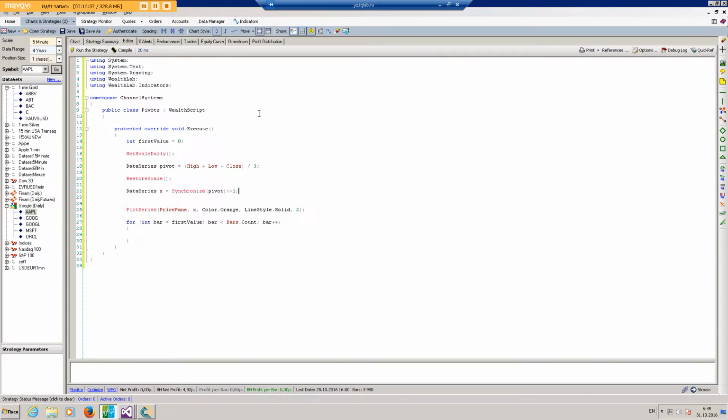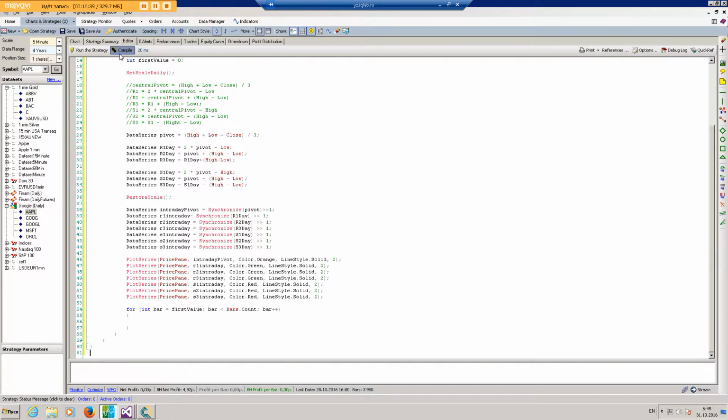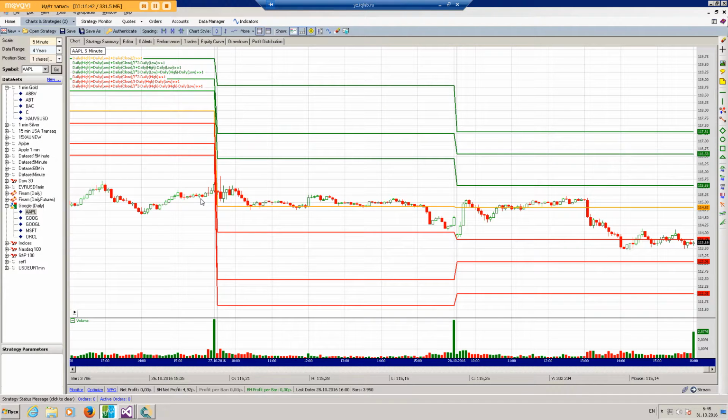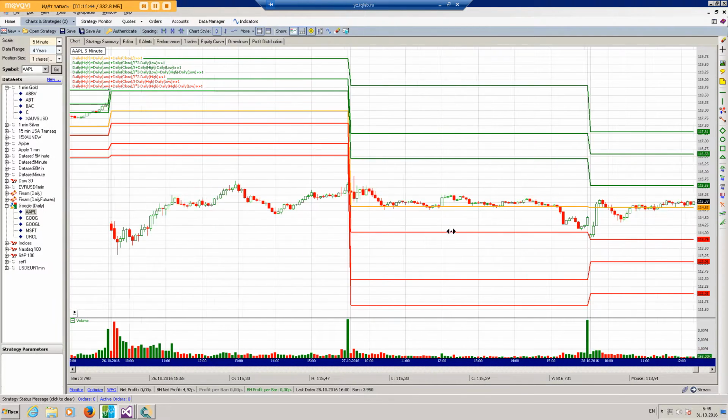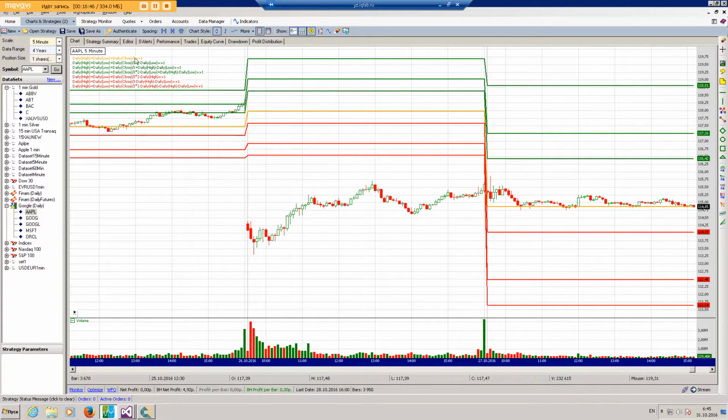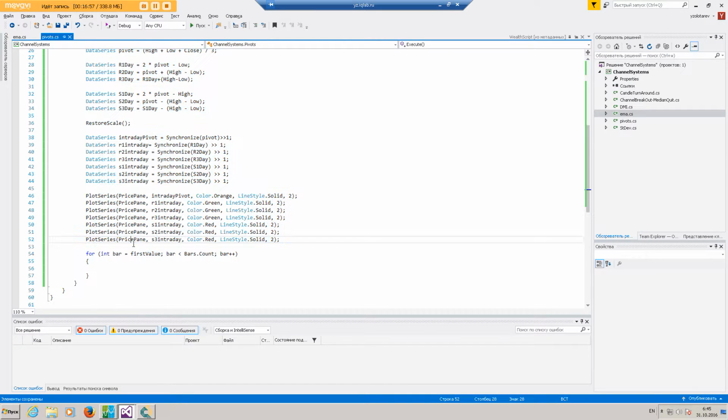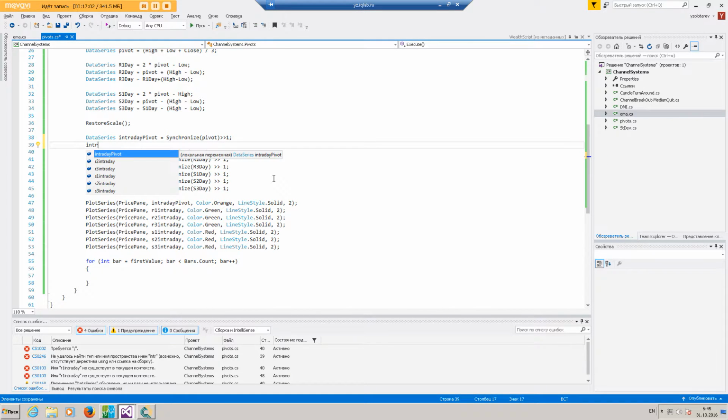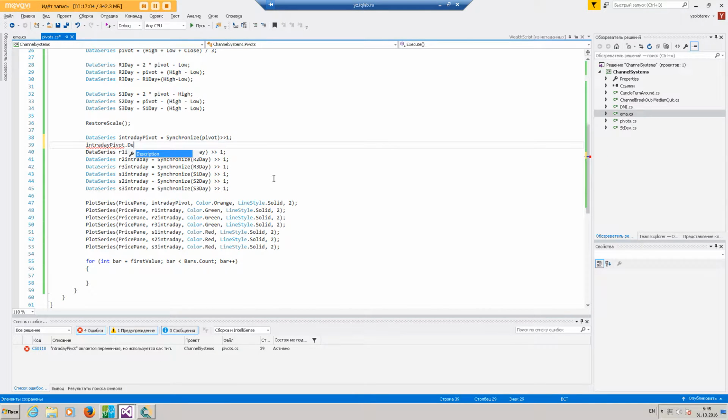Let's see if I made any mistakes or not. So that's it, right? And you see this is kind of annoying in Wealth Lab when you do it, and I remember that if you want to override that, you have to do intraday pivot, and there's something called description and pivot, right?